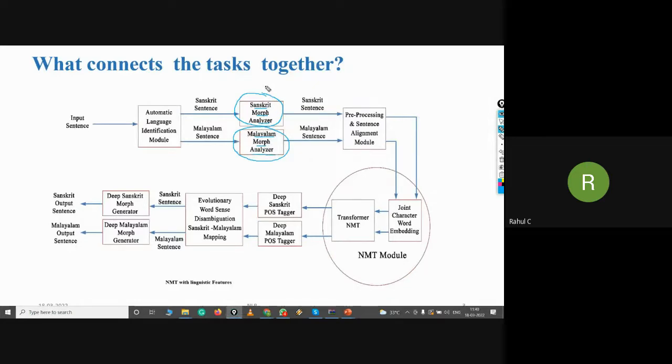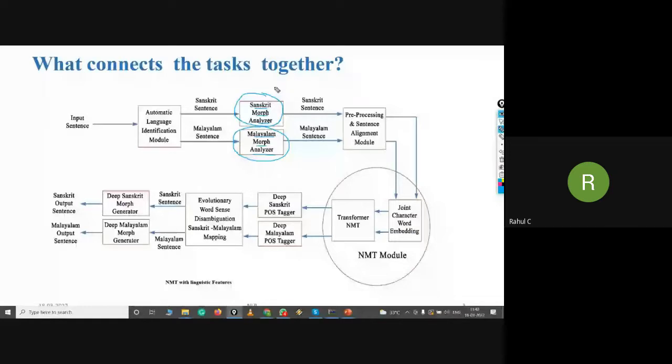If you are not applying the morphology, translation may result in poor translation efficiency. So before the NMT model predicts the result, you have to process your data in such a way that all the input, that is, all the corpora, are morphologically separated. It should be done in both Malayalam and Sanskrit, both source and target.